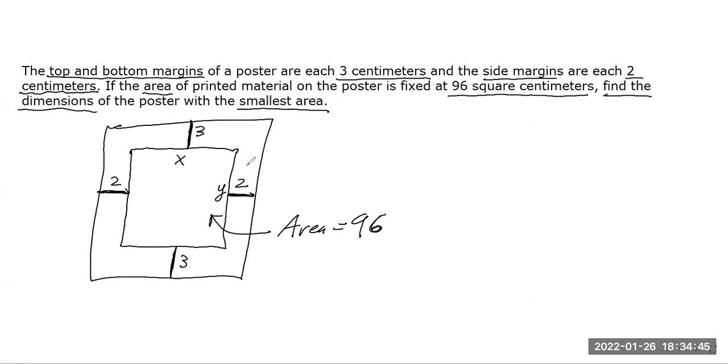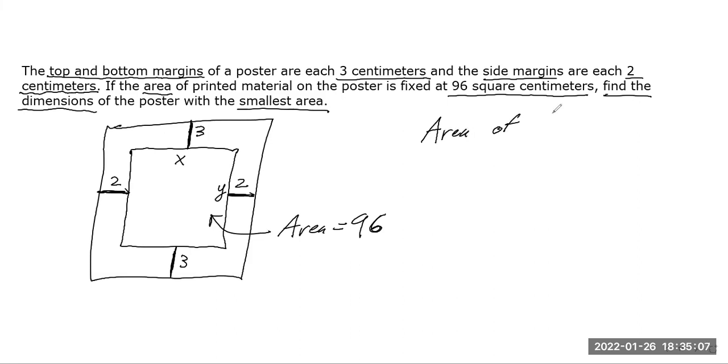As long as I keep these margins the same length, well, I satisfied my duty, provided I've also kept the area of this inside rectangle the same as well. So now that we sort of have the picture in our head, let's figure out the formulas that we have available to us.